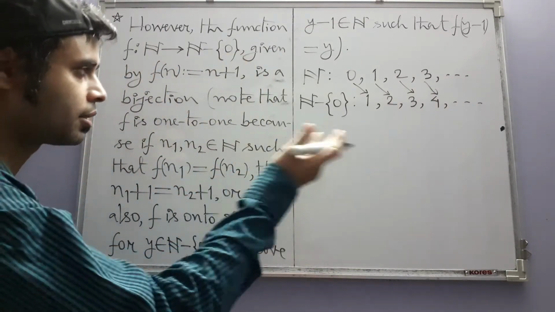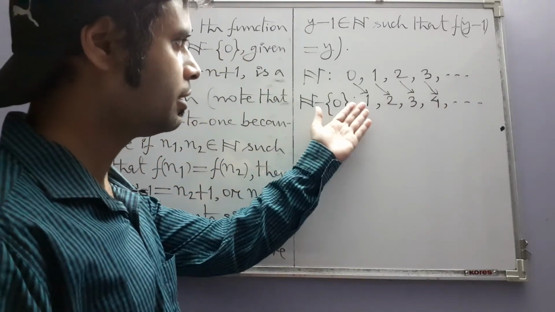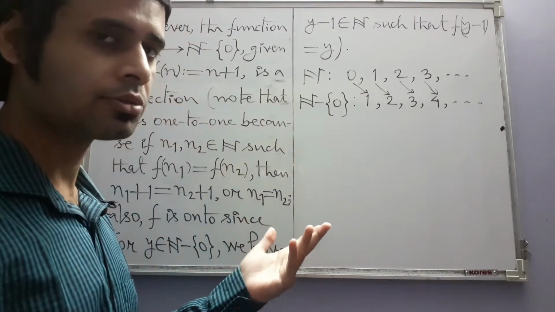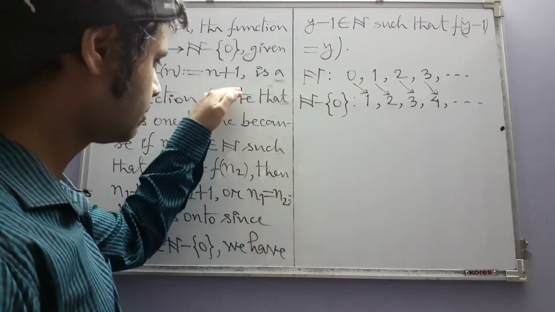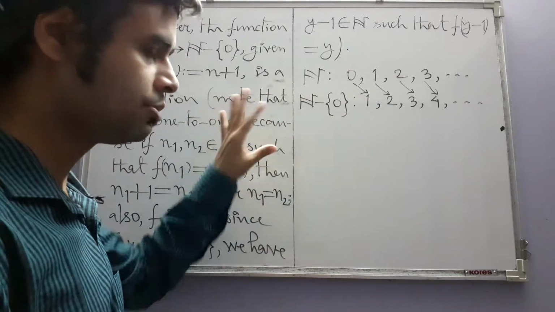And in this diagrammatic form, you can immediately see that the function is a one-to-one correspondence, but that's just simply a guess. You have to actually verify it, which we have done.